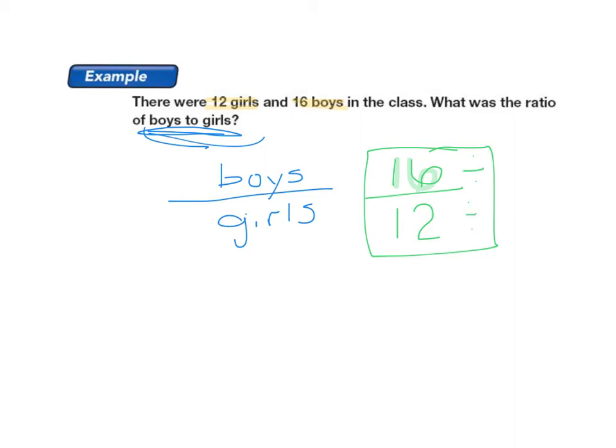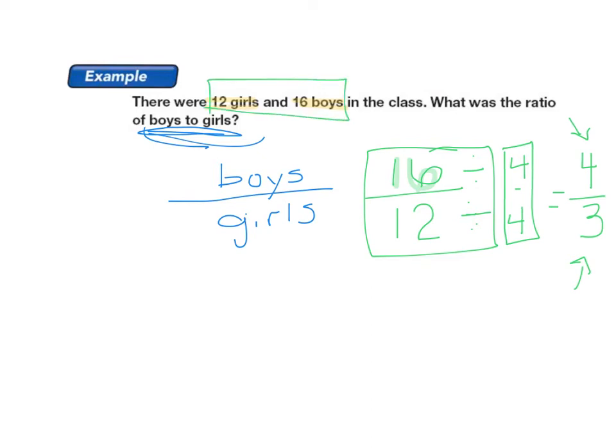You could divide by 2 and then by 2 again, but this is just reducing or simplifying fractions. Remember, I want to divide by a name for 1, so 4/4 would work. And I could reduce it down: 16 divided by 4 would give me 4, and 12 divided by 4 would give me 3. And what this is saying is that in this class, for every 4 boys, there are 3 girls, and that is the ratio. So it's just taking the information you're given, writing it as a fraction, and then simplifying.